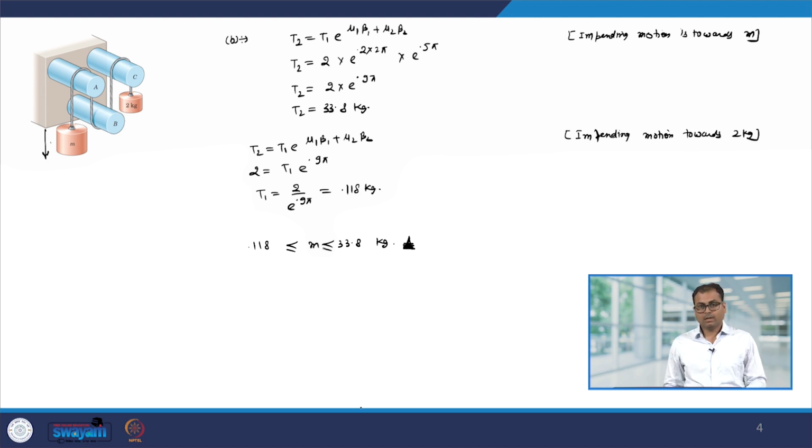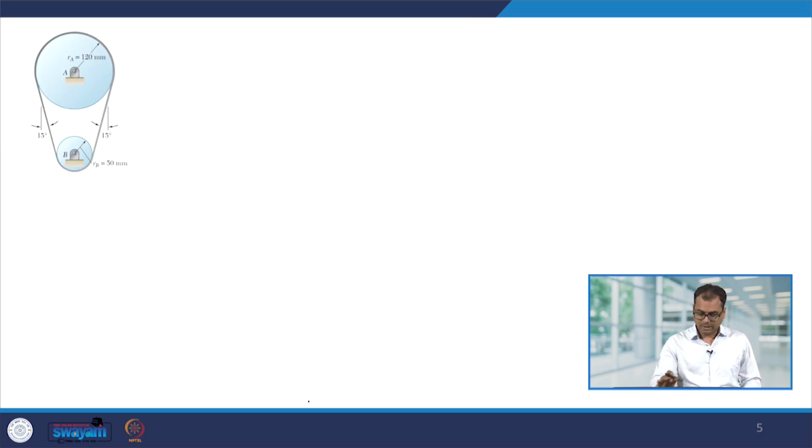Okay. Now, let us look at a couple of examples of belt friction. So, let me write down the first problem statement, and it is the following.